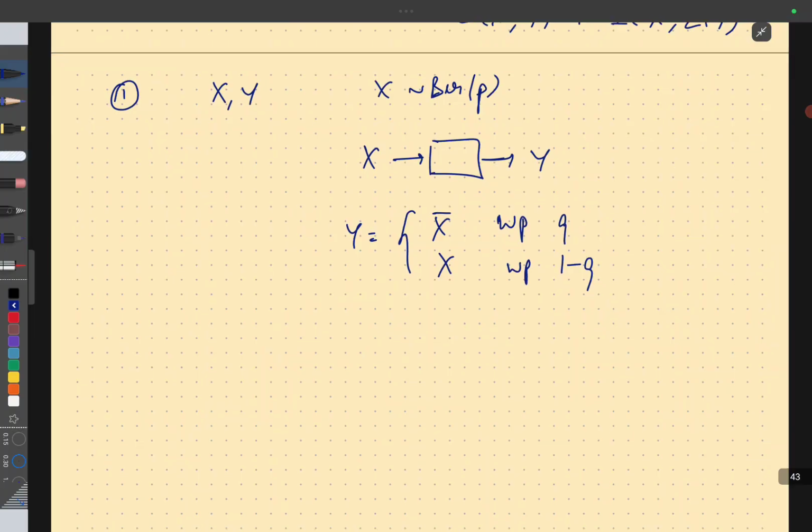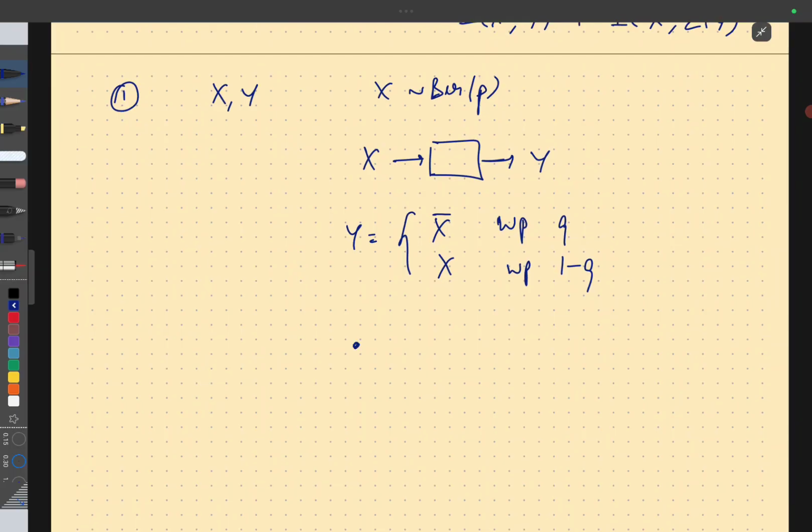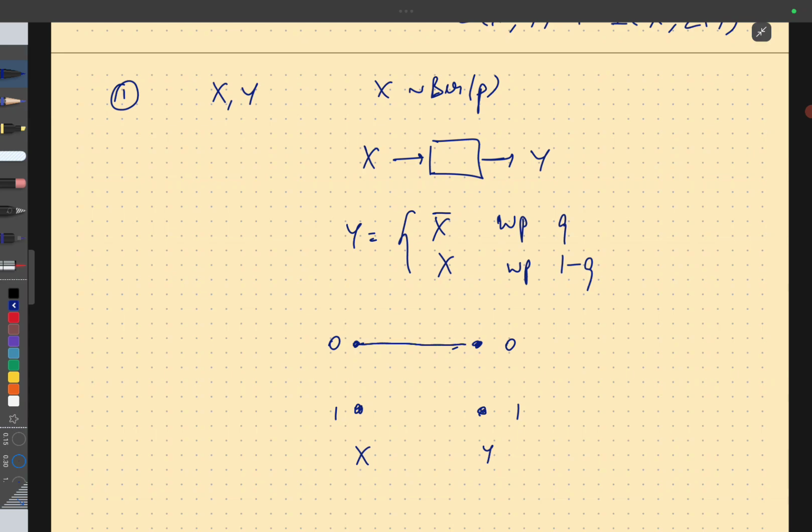Okay, I'll represent this using the following channel transition diagram. So there are two different values that x can take and two different values that y can take, 0 and 1. So if x is equal to 0, then y is equal to 0 with probability 1 minus q.